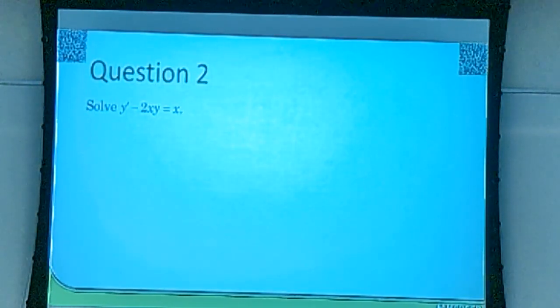Is that linear? Is it in standard form? So we can just proceed. What is the coefficient for y? That is our capital P. What is it?